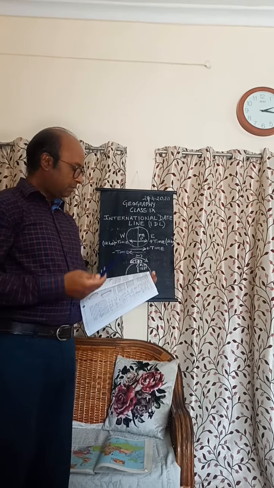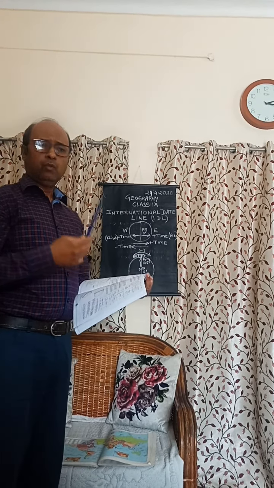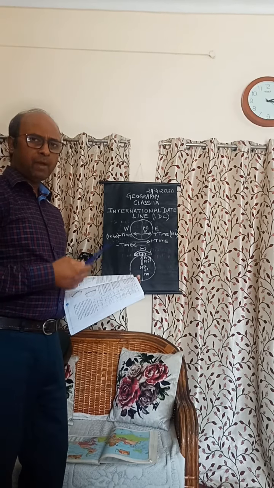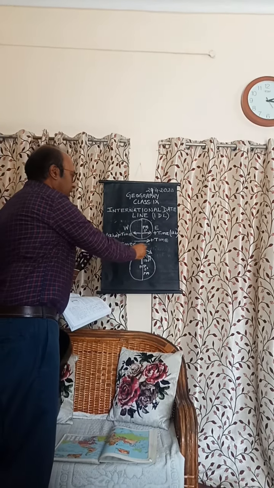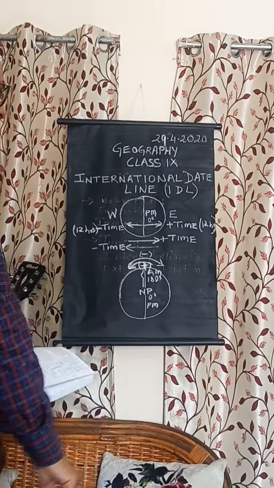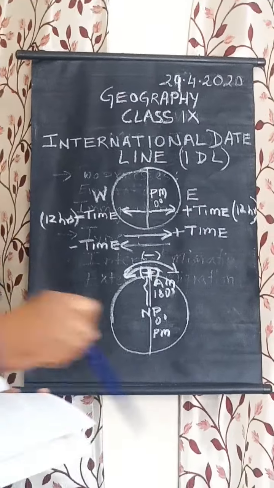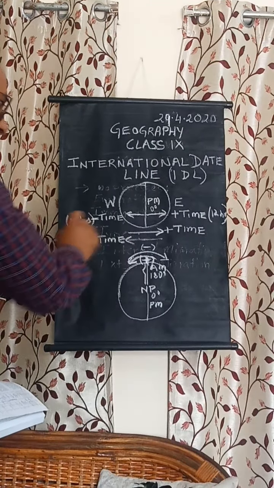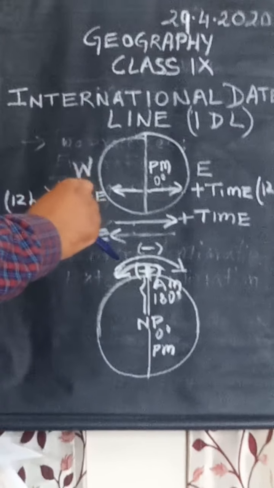Now the next step you should understand is, while traveling by plane or by ship, just think, you are on top of the world looking from space, and you are on top of the North Pole, the bird's eye view of the world.